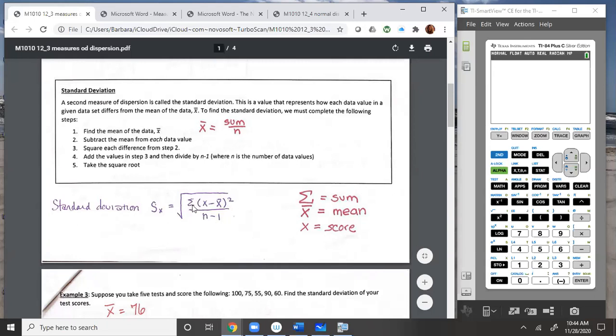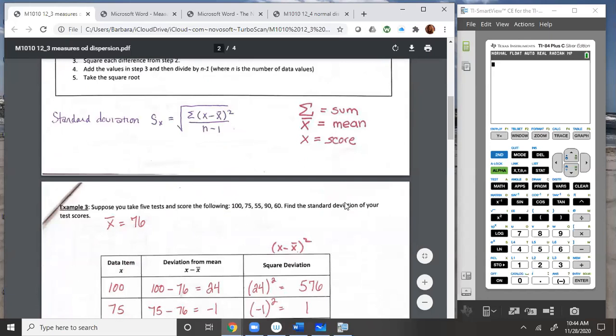This sigma is the Greek letter for sum. We have x minus x bar, and x bar, as you know, is the mean. So this is the difference of each data value from the mean. And then we square those differences and take the sum. Then divide by n minus 1, where n is the total number.